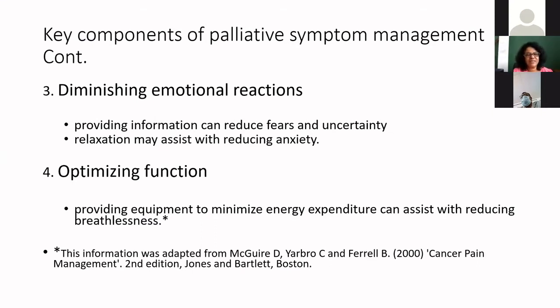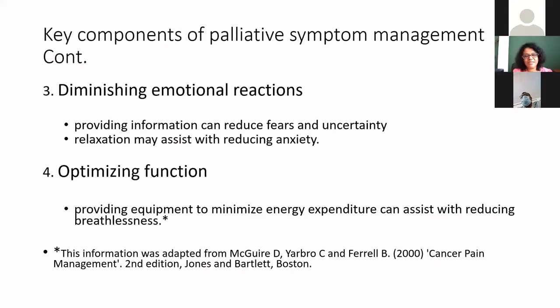The next thing is optimization of function. So why do we do all these things? Because our main aim is to relieve symptoms as well as to improve the quality of life. The optimization of function we can do by providing some equipment.